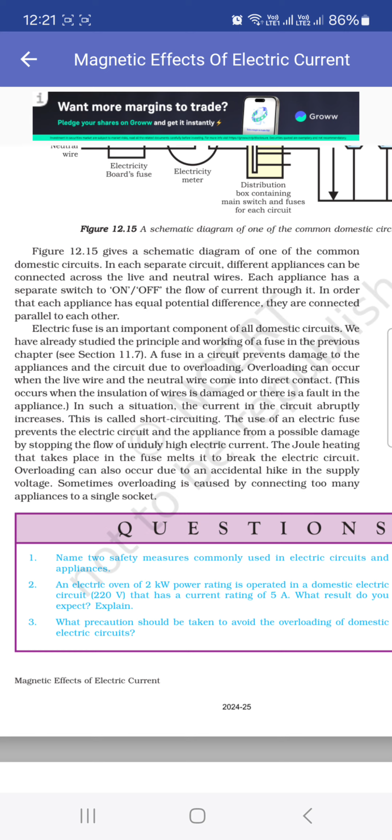This occurs when the insulation of wire is damaged or there is a fault in the appliance. In such a situation, the current in a circuit abruptly increases. This is a short circuit.